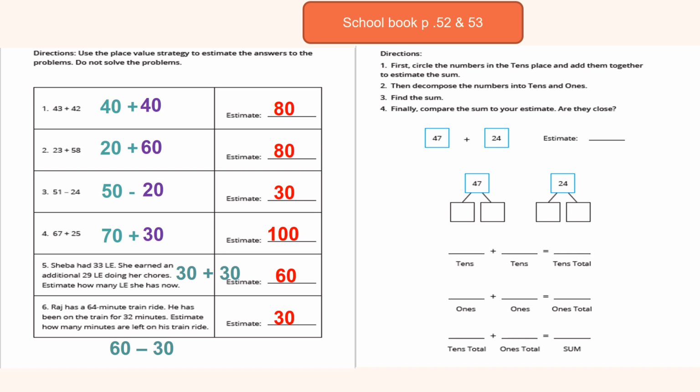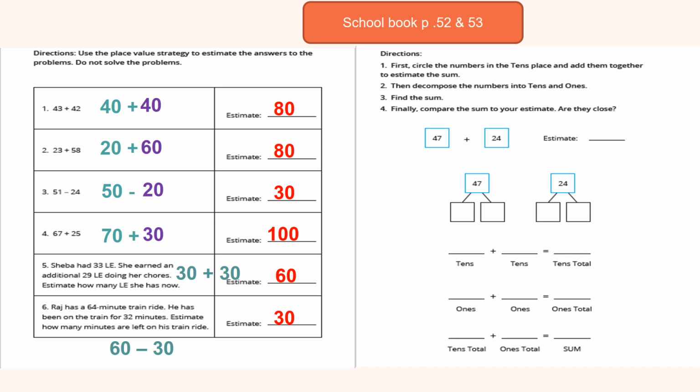47 plus 24. First, let's estimate 47. 47 between what and what? Between 40 and 50. Look at ones. Ones is 7, 7 more than 5. So we will go to next door. So 47, it will be 50.